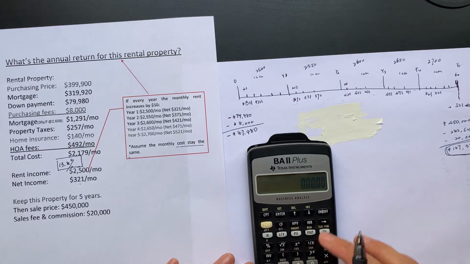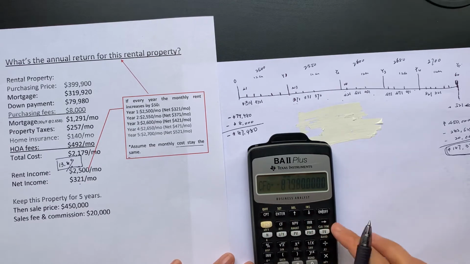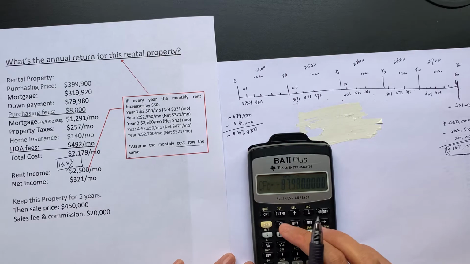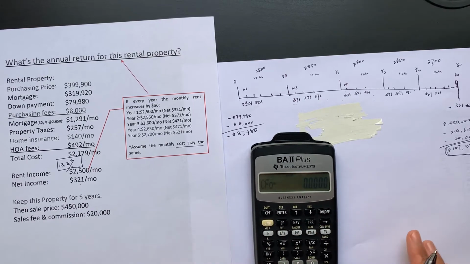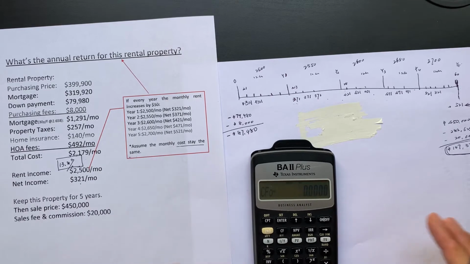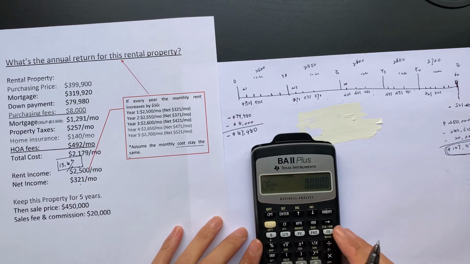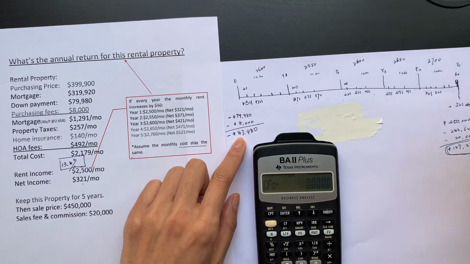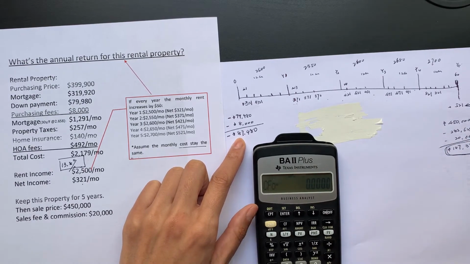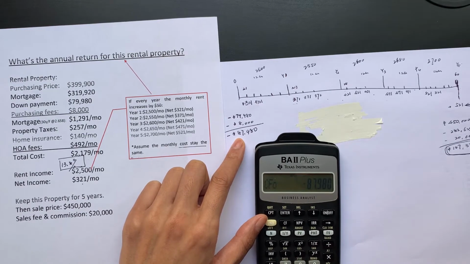Okay, clear everything. You need to use the cash flow worksheet. Okay, everything is clean now. At the beginning is your cash outflow, which is your initial investment of 87,980.